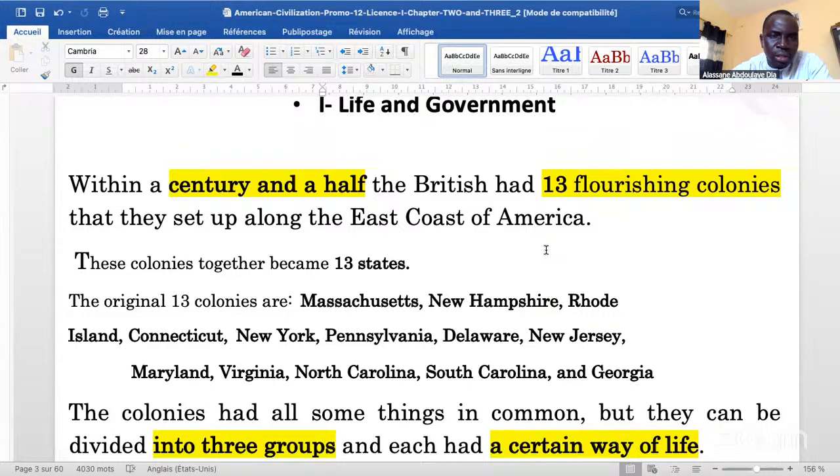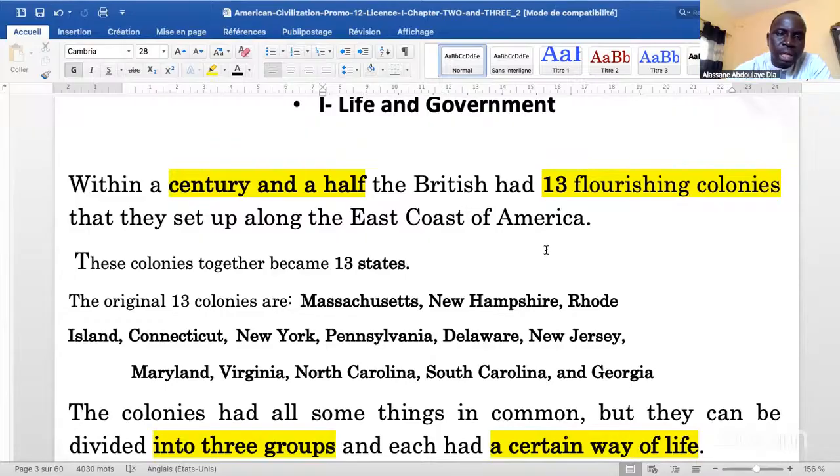After exploration, within a century and a half, just 150 years, the British had established 13 flourishing colonies along the east coast of America.